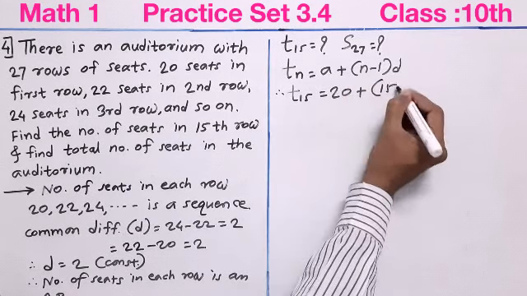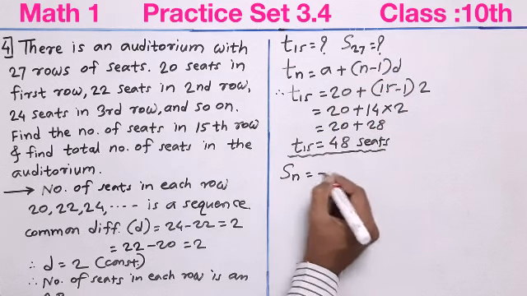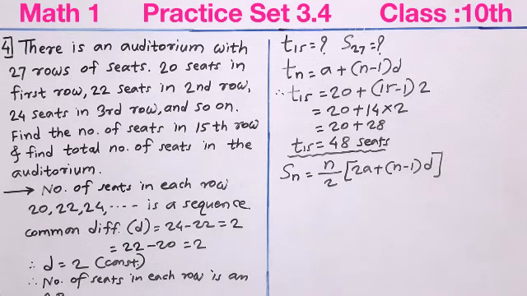Second thing that we have to find out is S27. It means the total number of seats in the auditorium. For finding S27, we have to use the formula Sn is equal to n upon 2 in bracket 2A plus in bracket n minus 1 into D. This is the formula for Sn.